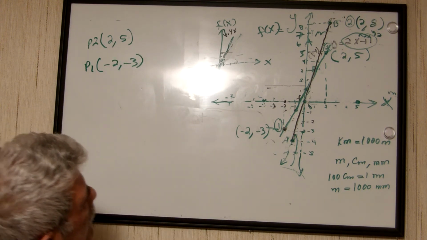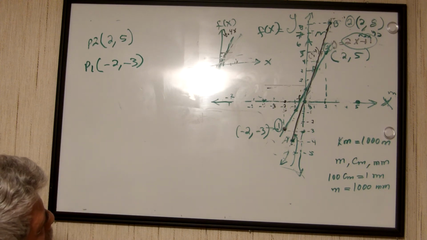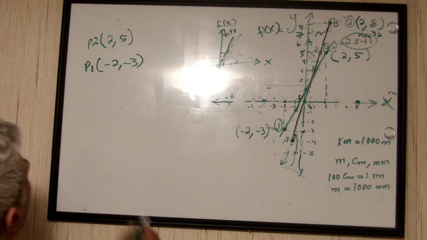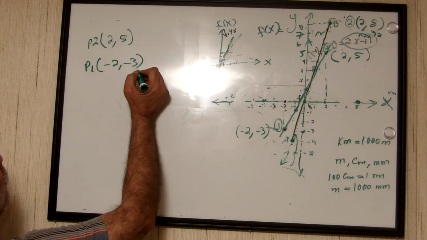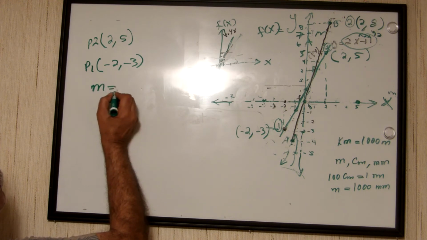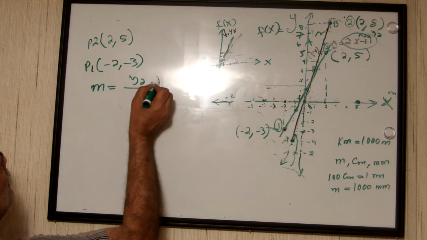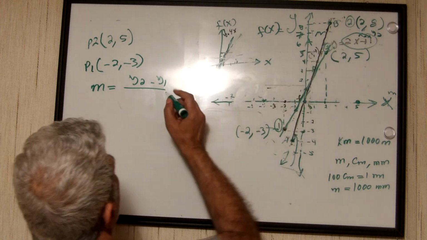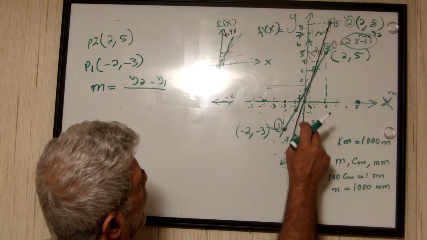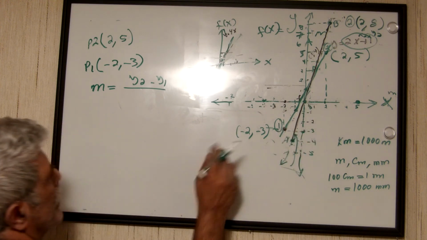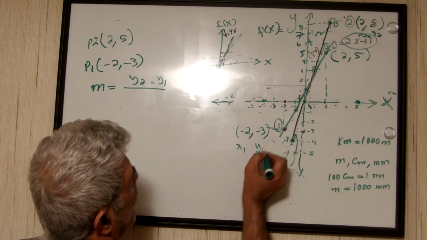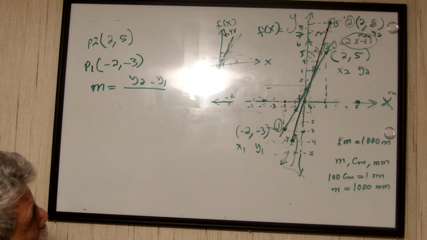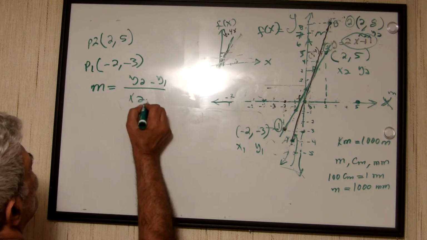Now let's find the slope. First of all, the slope of this one. This is point 2, this is point 1. M is equal to y2 minus y1 over x2 minus x1.